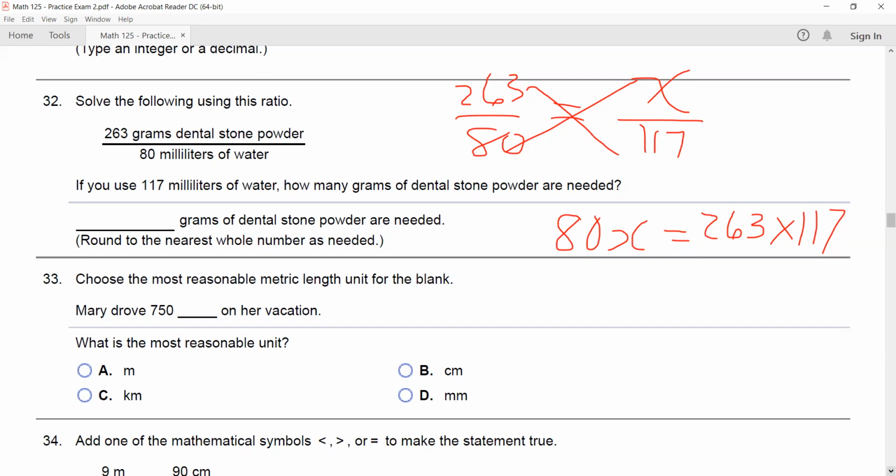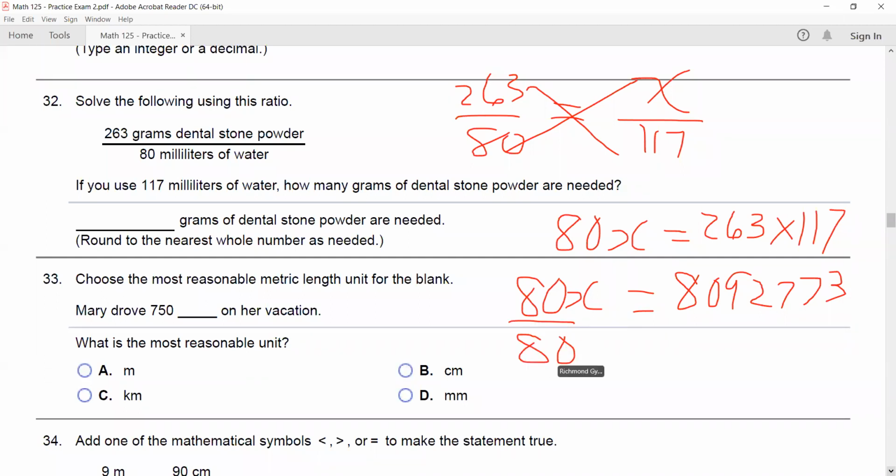So I think we have 8092773. This equals 80x, remember. Now I'm looking for x, so I divide by 80 on the left, I divide by 80 on the right.